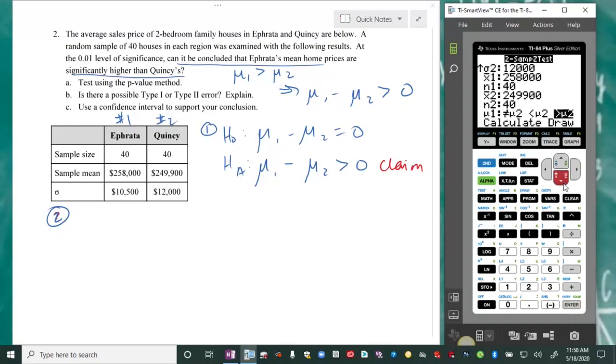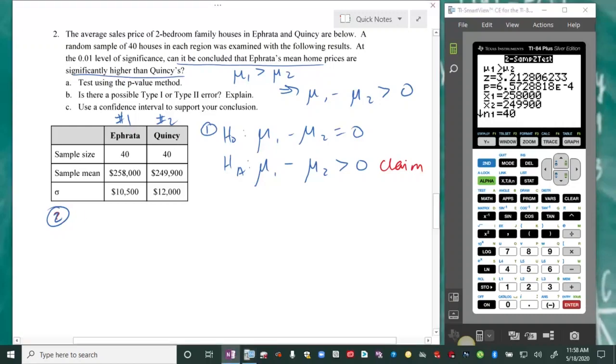Continuing to arrow down, let's go ahead and calculate. Okay, my p-value is the second number there. So I end up with this 6.57 e negative 4, but this is scientific notation, 6.57 times 10 to the negative 4.